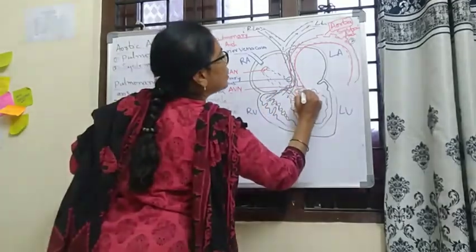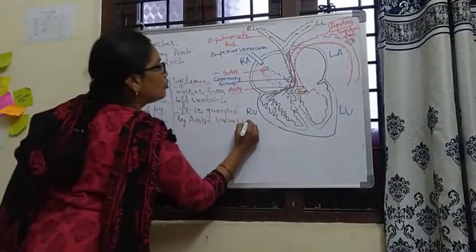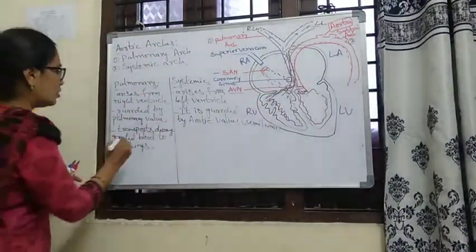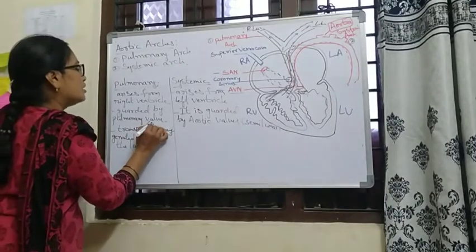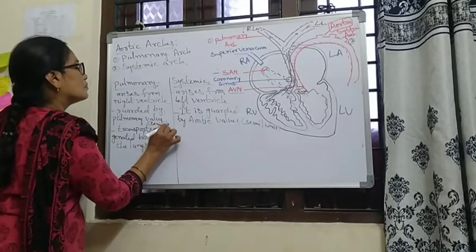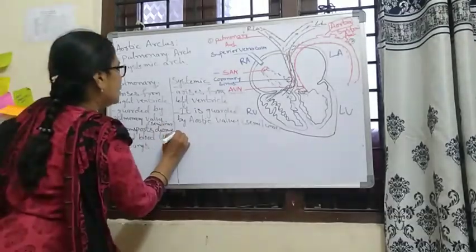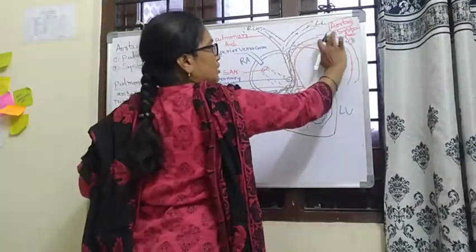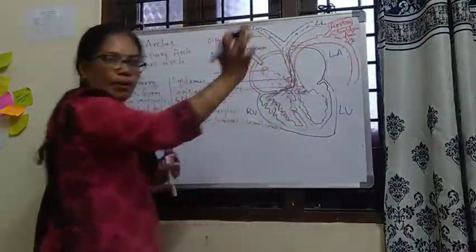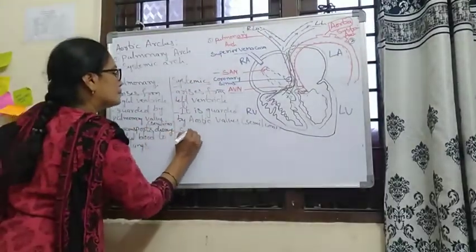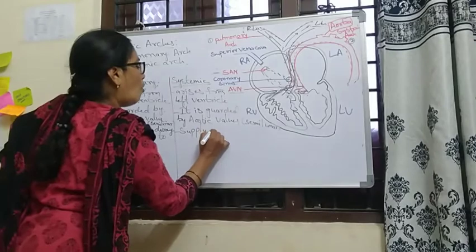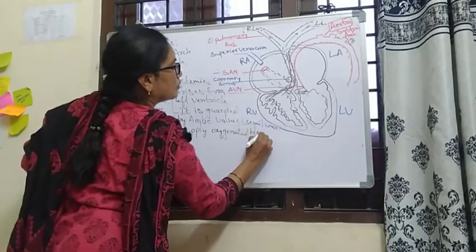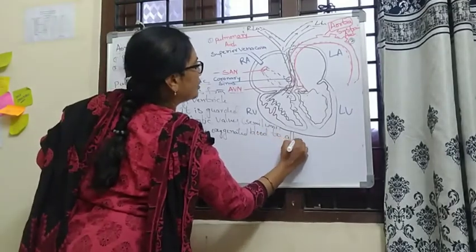It contains semilunar aortic valves. The pulmonary valves are also semilunar. From this, the oxygenated blood goes through this aorta, or systemic arch, to all parts of the body. It supplies oxygenated blood to all parts of the body.